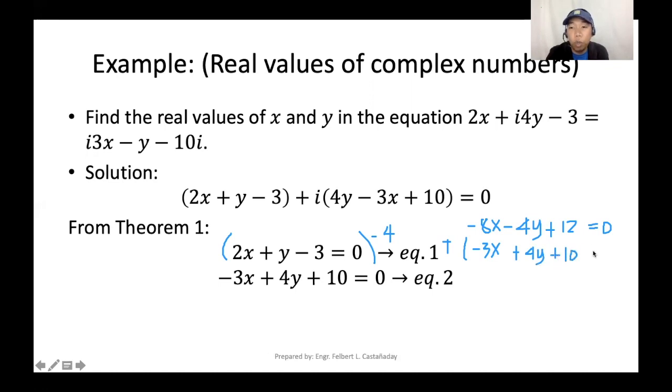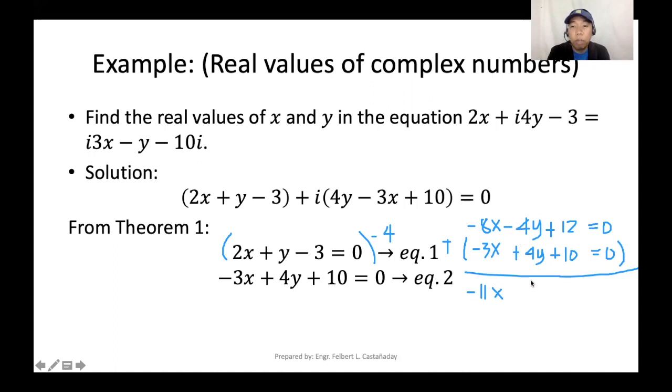I'm going to show you how to determine x. The next variable will be up to you to solve. Just substitute the value of x to solve for y. Okay, now we do this. We multiply negative 4 to eliminate the term with y. So negative 8x minus 3x is equal to negative 11x.